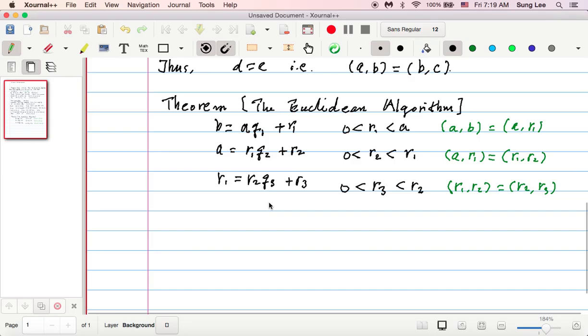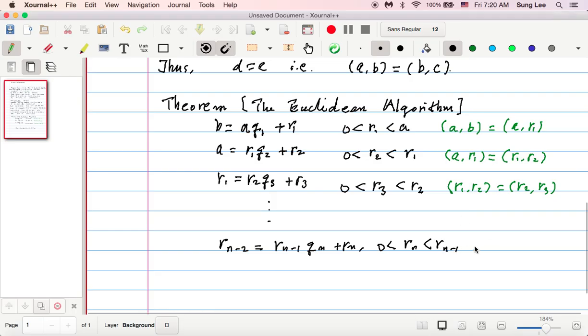Okay, so this process can continue, all the way to, say, r sub n minus 2 equals r sub n minus 1 times q sub n plus r sub n, and here r sub n is strictly greater than 0 and less than r sub n minus 1.